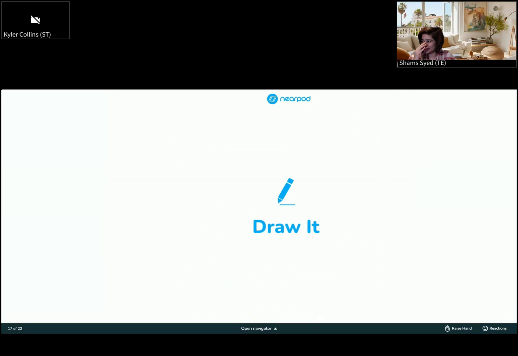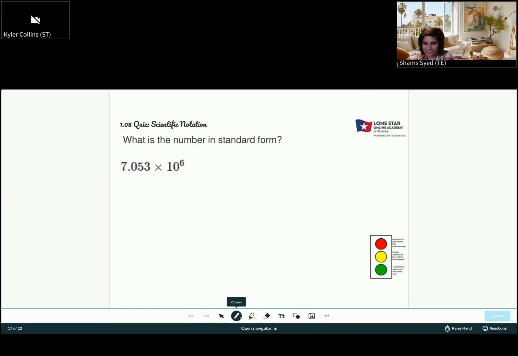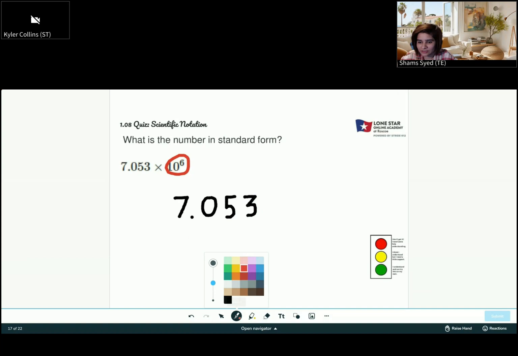The next exponent is the exponent of 6. 10 to a power of 6. Supposed to be a nice manageable number this time. 7.053. Exponent of 6 is supposed to make it big by 6 places, to the right. Very good, Elizabeth. That's what I think I am also going to get.